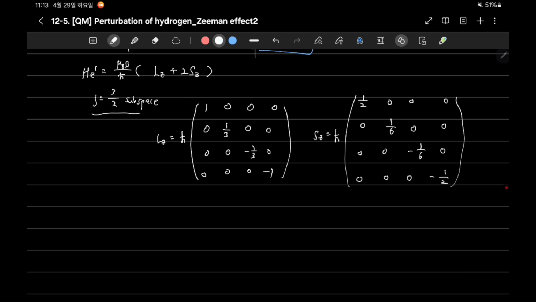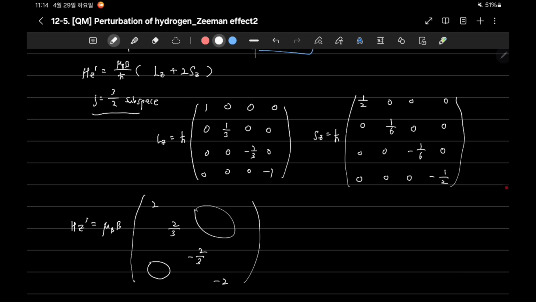So this Hamiltonian is mu B B times: 1 plus 1, 2, and the 1/3 (1/3 because multiplied by 2), and minus 1/3, and minus 1 and minus 1, and all other terms are diagonal, 0.